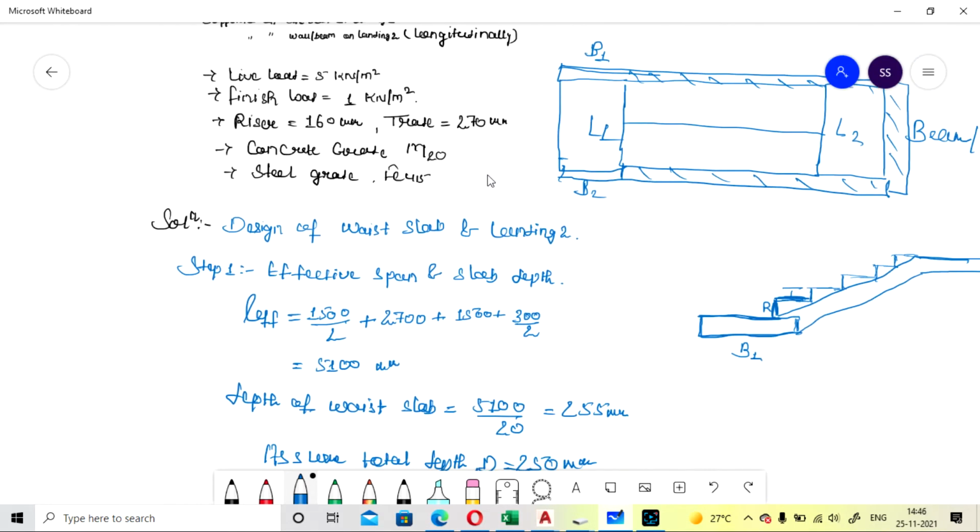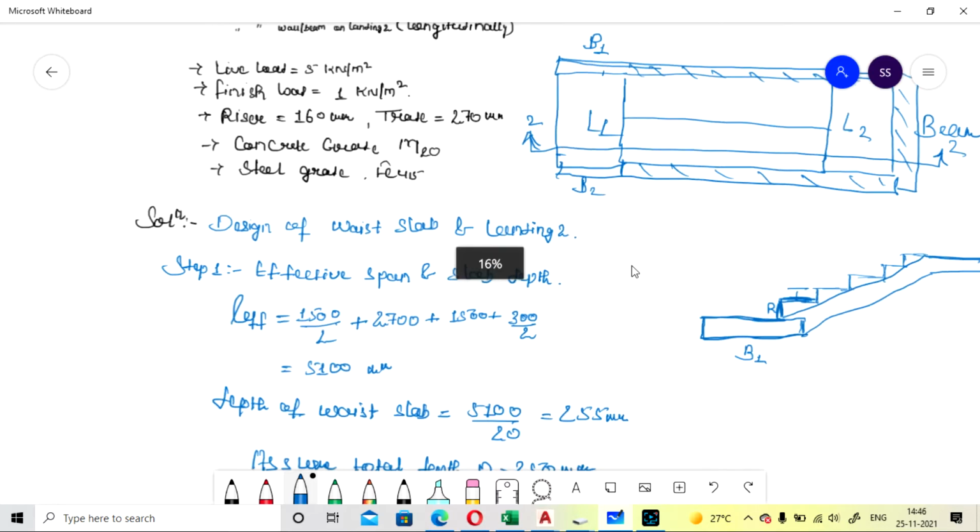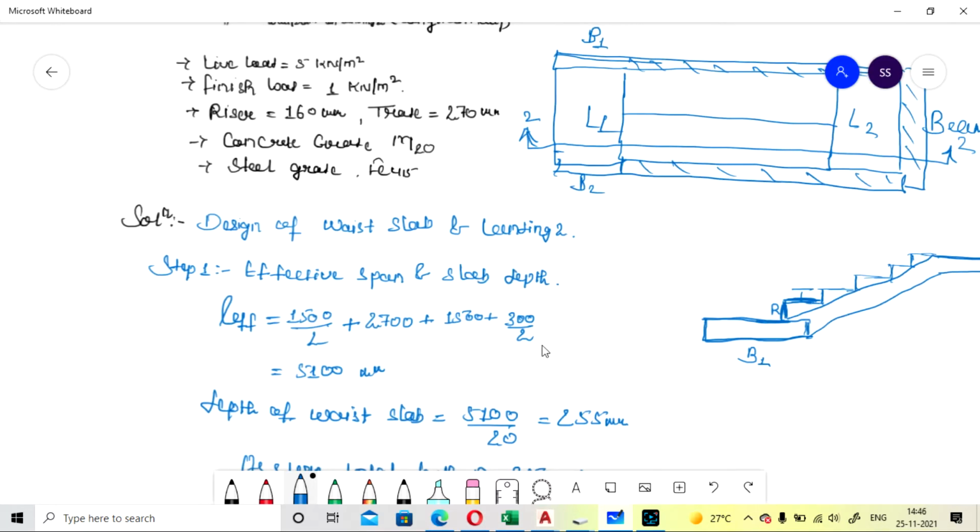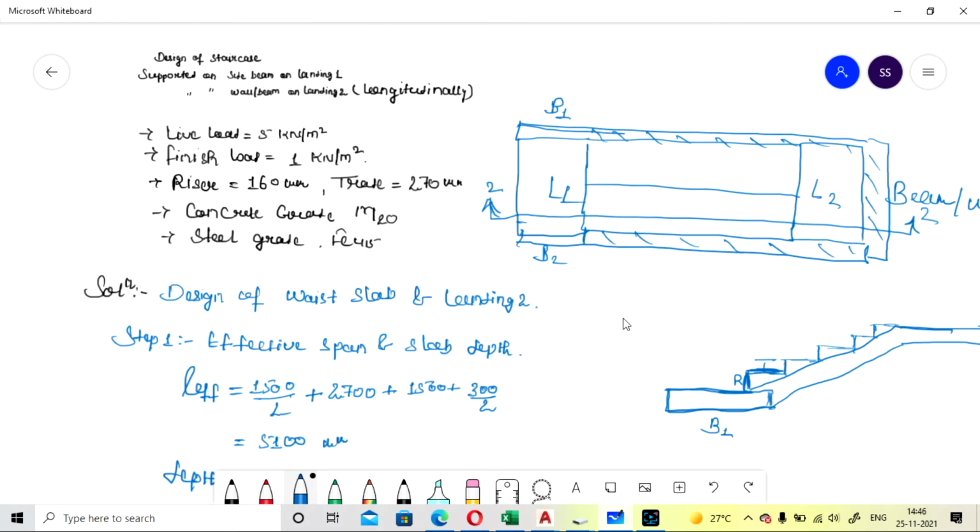So first we have to find the effective length for this. If we cut the section for this, we are going to design like this. So this will be a section 2 to n for landing 1, and this will be section 1.